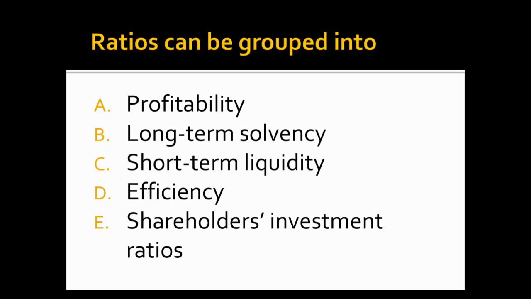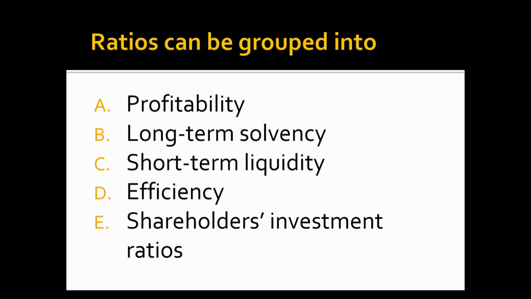So for learning purposes, I have broken down the most important ratios into 5 categories. Number 1 is profitability ratios, ratios like gross profit margin, net profit margin, or even ROC, ROE. Secondly, long-term solvency ratios like gearing, debt to equity, interest cover.